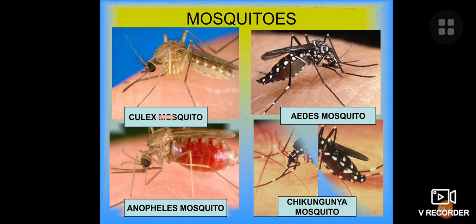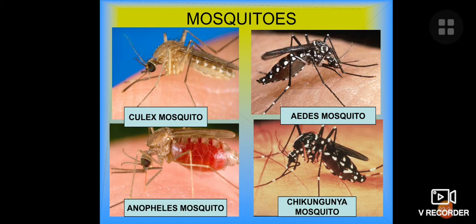So first of all, here we have the types of mosquitoes. See, here we have the 4 types of mosquitoes: Culex mosquito, Aedes mosquito, Anopheles mosquito, Chikungunya mosquito.